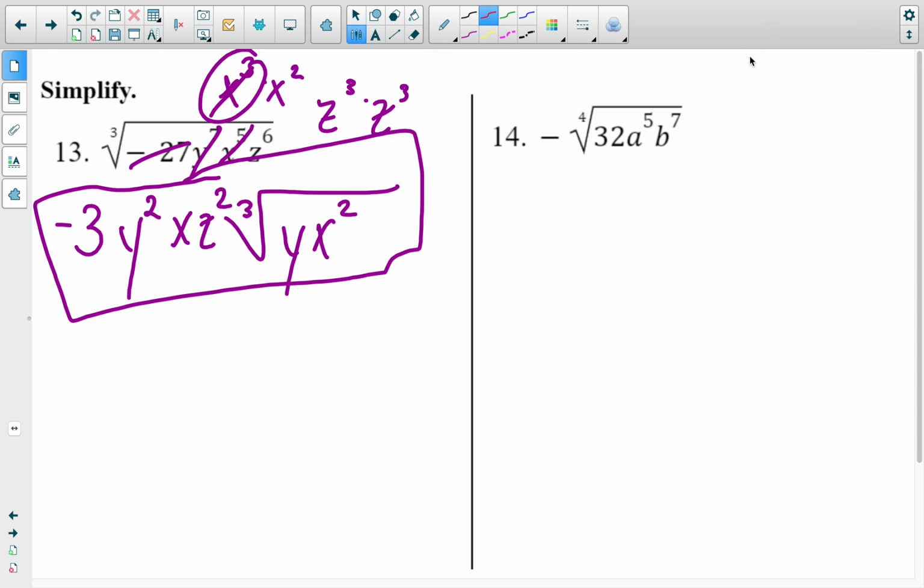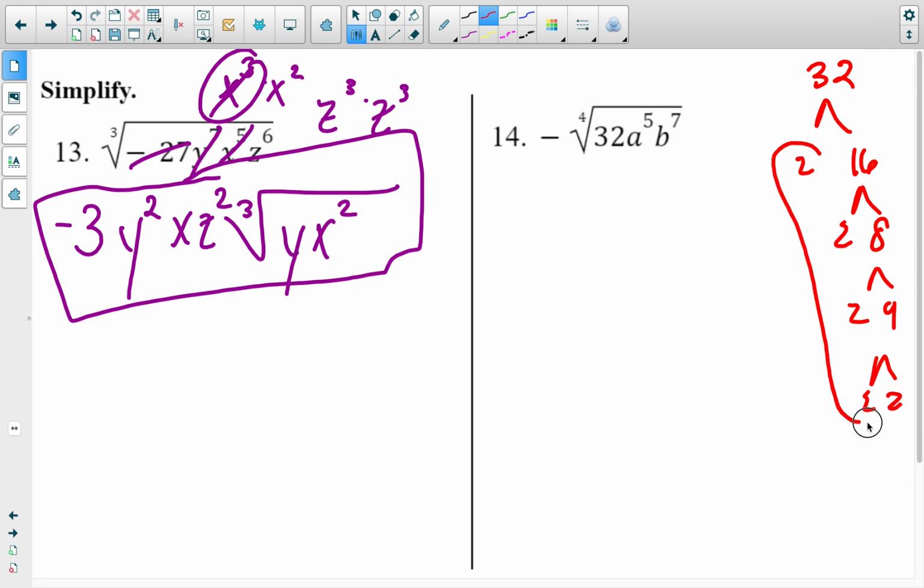Last one, almost done. Think about this: 32, 2, 16, 2, 8, 2, 4, 2, and 2. We want to break out those 2's in groups of 4. Okay. All right. So this group of 4 is going to come out front. That negative is going to follow us through. There's a 2 stuck inside, so we're done with our 32.